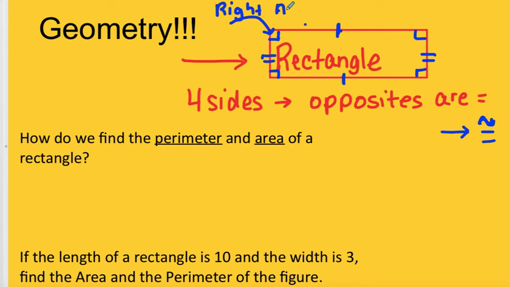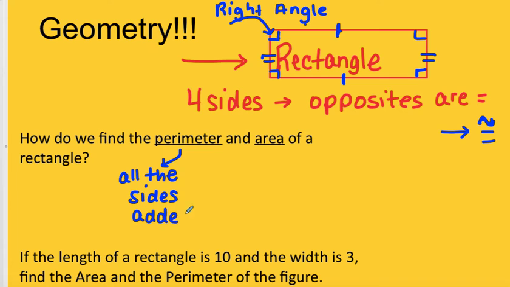All right. So let's talk about perimeter and area of a rectangle. So perimeter, like if I said to you, I want you to walk the perimeter of the building, that means everything all the way around it, okay? So all the sides added up.